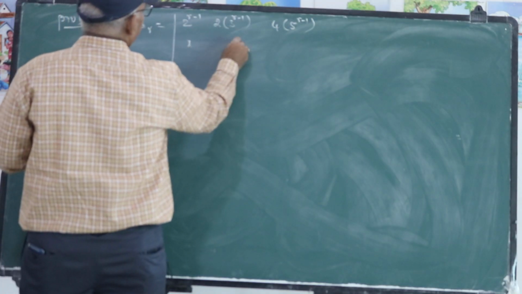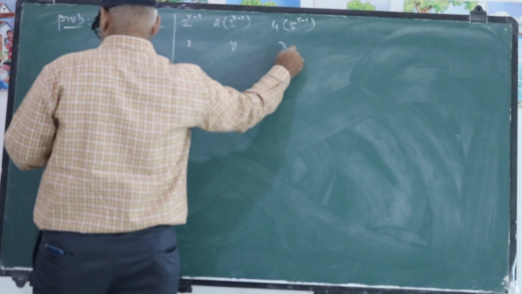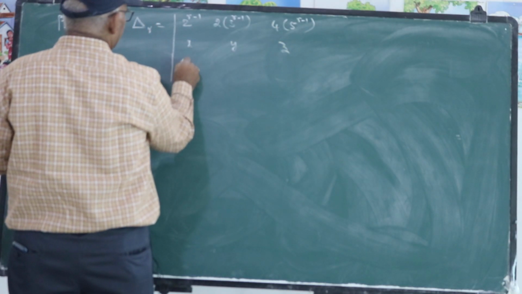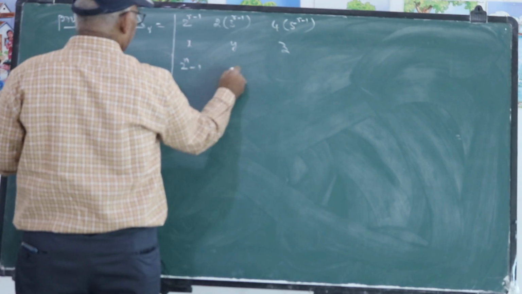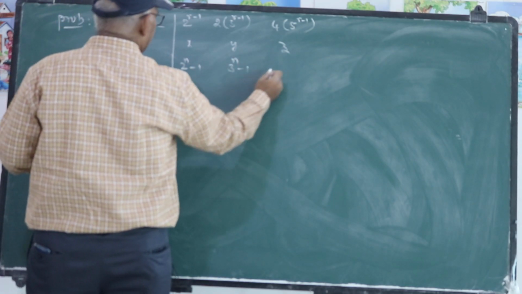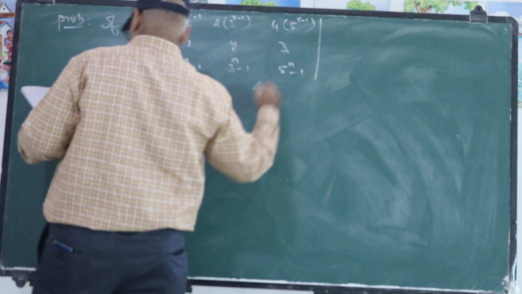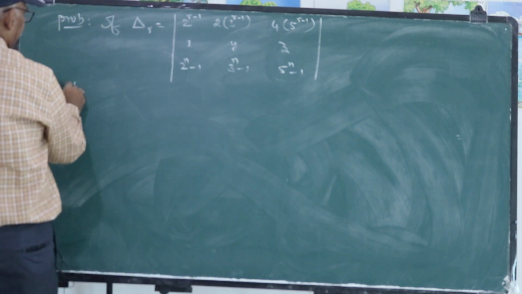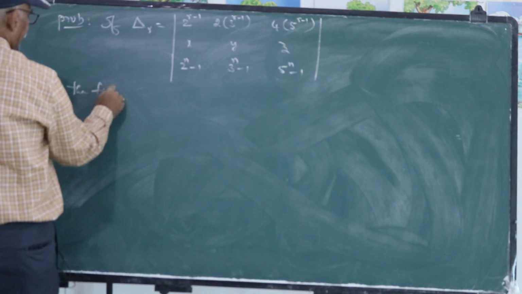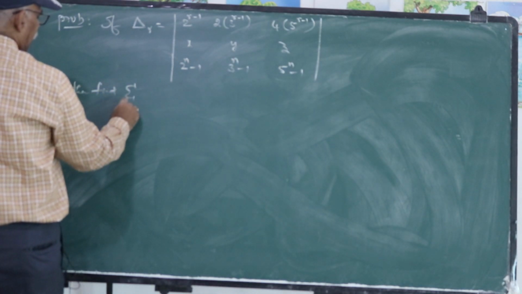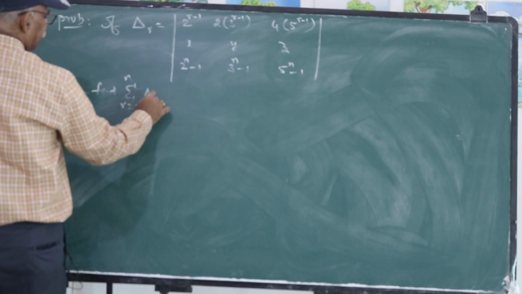The second row elements are x, y, z. The third row elements are 2 power n minus 1, 3 power n minus 1, and 5 power n minus 1. Then find sigma r equal to 1 to n delta r.